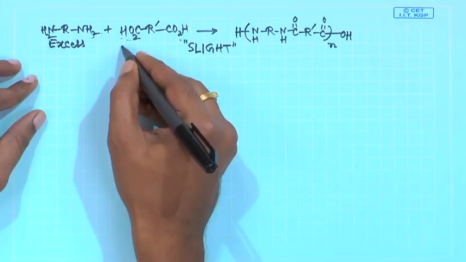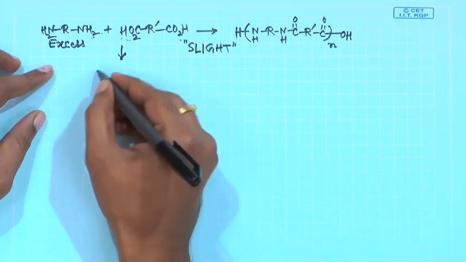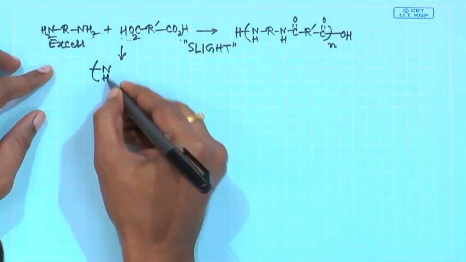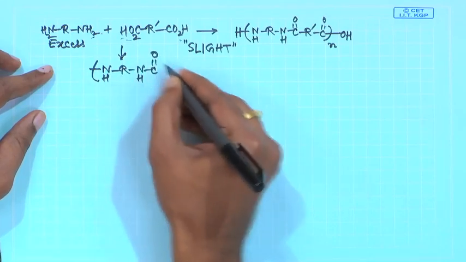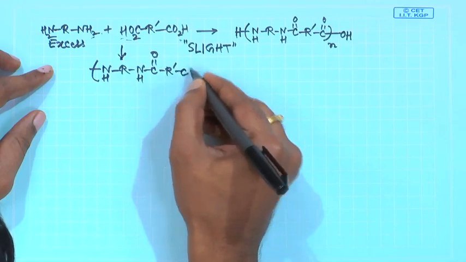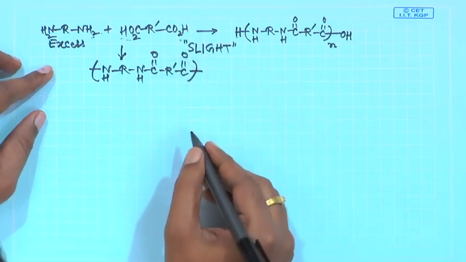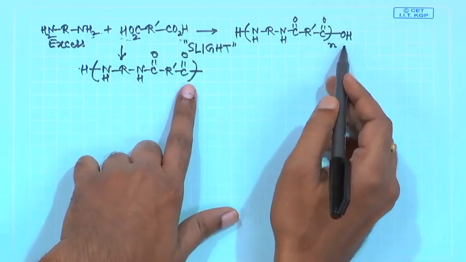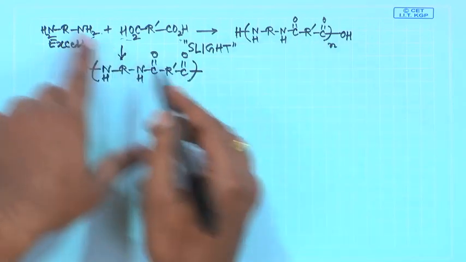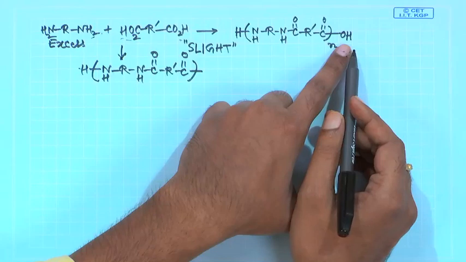then what will happen? What will be the product? You will have the same repeat unit here, same repeat unit, except that both sides will end with amine. Now, this side you had a carboxylic acid if you did not have an excess amine. Now, how to end this side with amine?